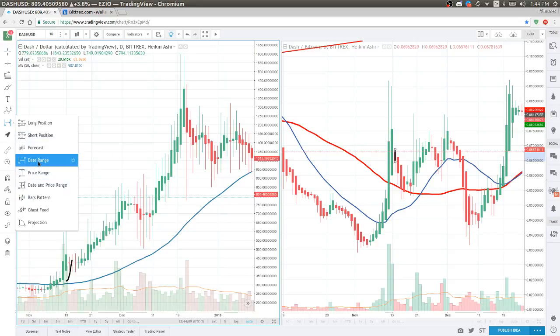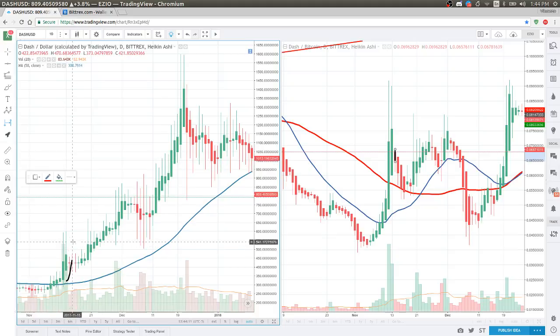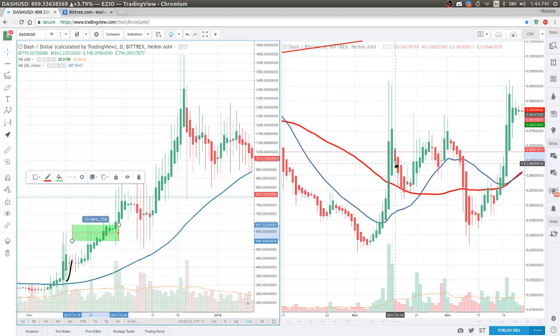Price range, date range. 15 days. And 15 days here, what happened?